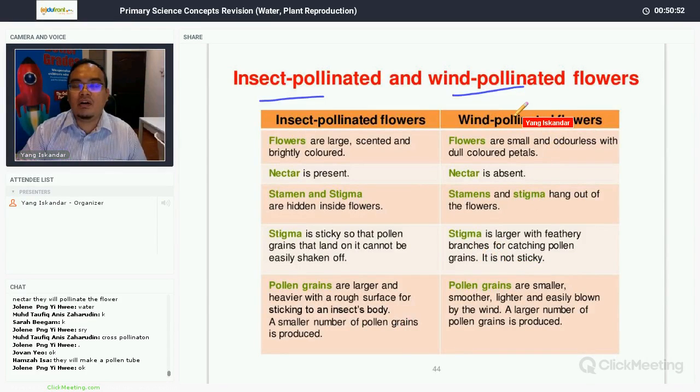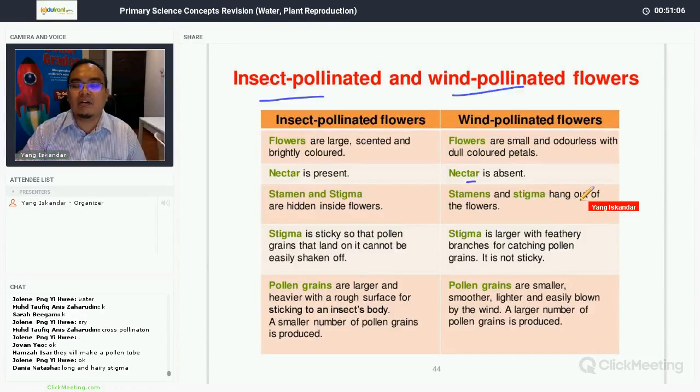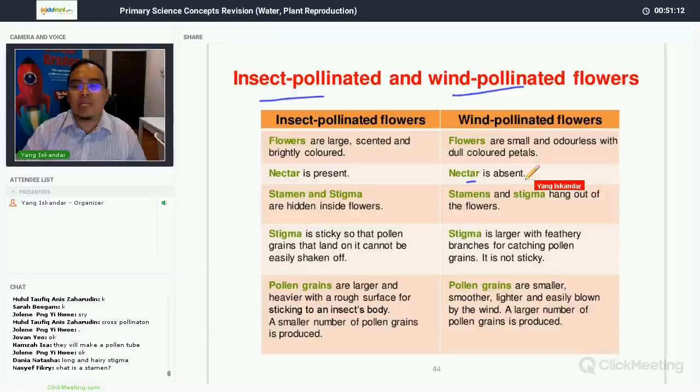Now, for the flowers to be pollinated by wind, usually the flowers are small and odorless. That means they are not scented, with dull colored petals, and nectar is absent. Stamen and stigma hang out of the flowers. Now, what is the reason? So that when the pollen grains are carried by the wind, they can reach the stigma easily.